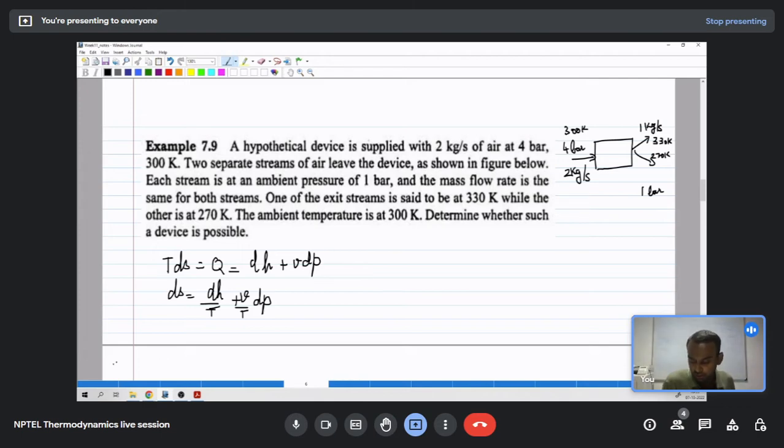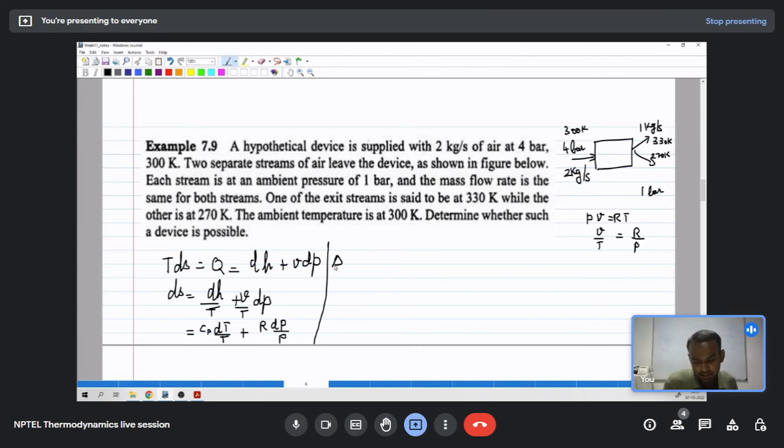Now I can rewrite dH as Cp into dT divided by T plus, from the equation of state, I can simplify this. So we have PV equal to RT, and then V by T will be R by P. So I can have R into dP by P.